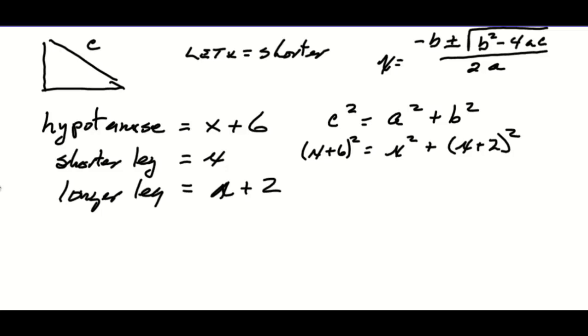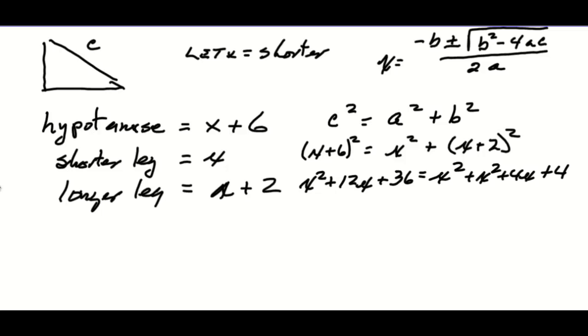When we square everything, what we'll get is x squared plus 12x plus 36 equals x squared plus x squared plus 4x plus 4.